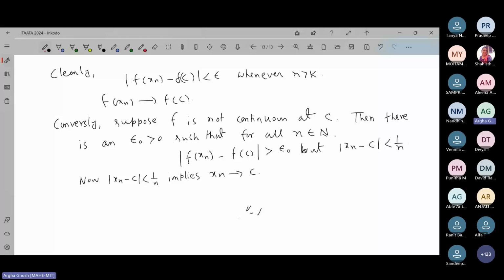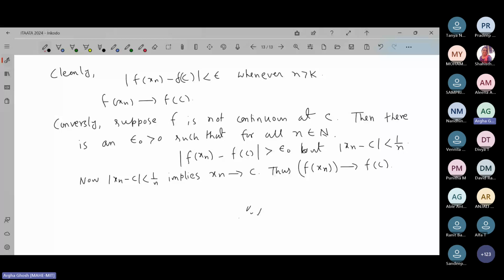So now by assumption, f of xn converges to f of c. Correct? This is our assumption, and we are trying to prove that f is continuous at c.